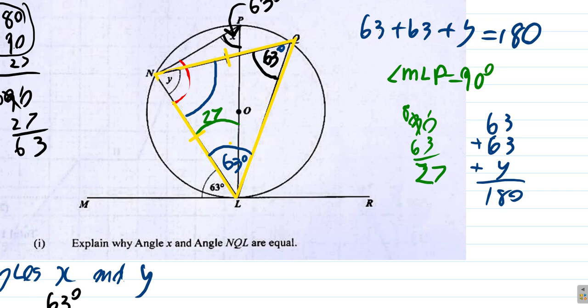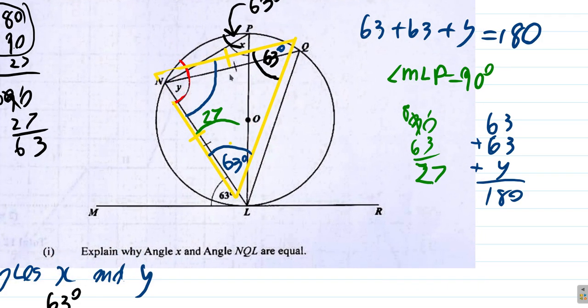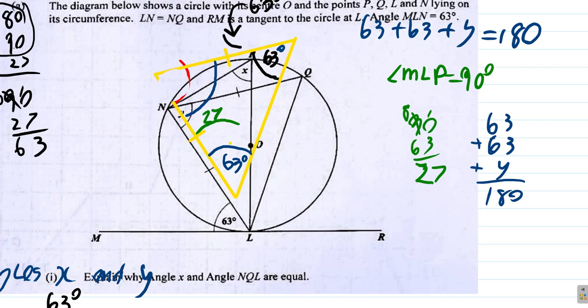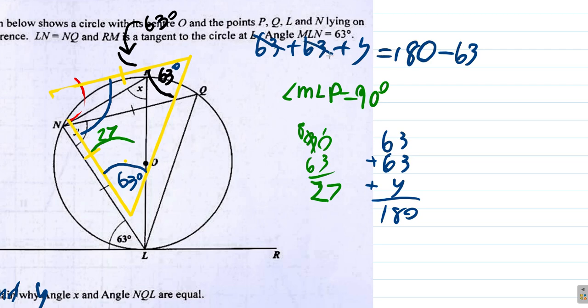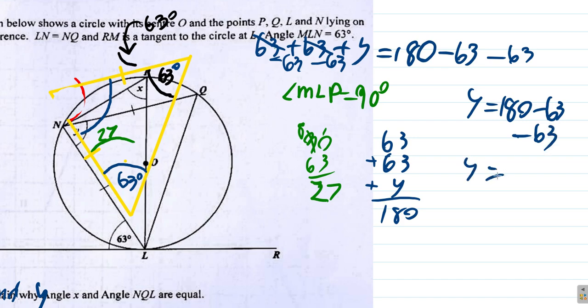You subtract 63 again, minus 63 on the left, minus 63 on the right. So y is equal to 180 minus 63 minus 63 equals, let me just do it on my calculator off the air. 180 minus 63 minus 63 equals 54 degrees.